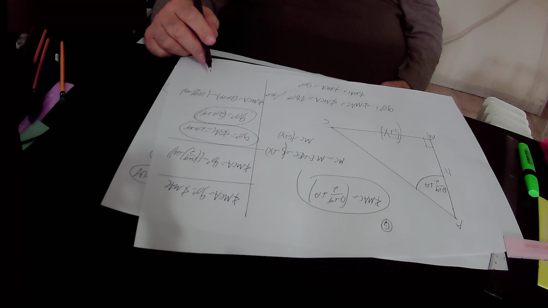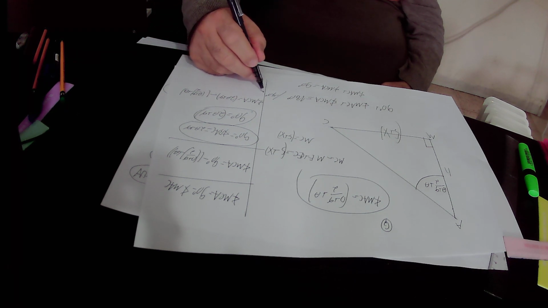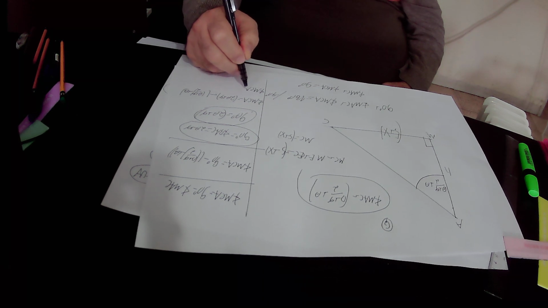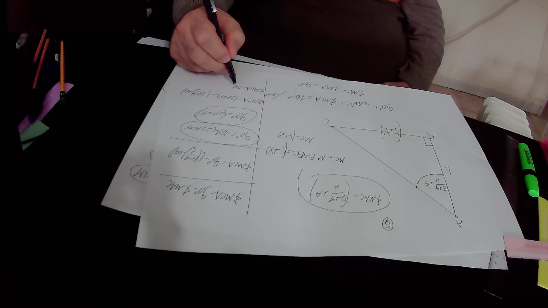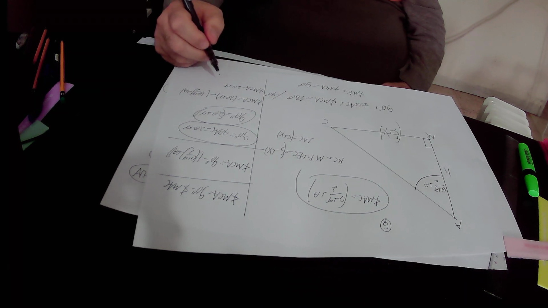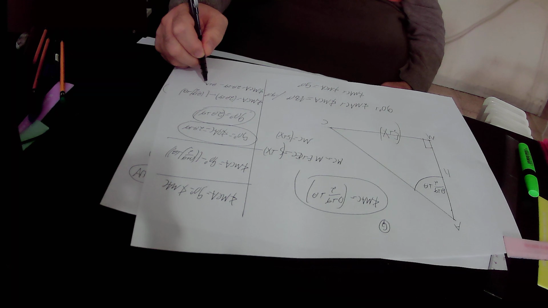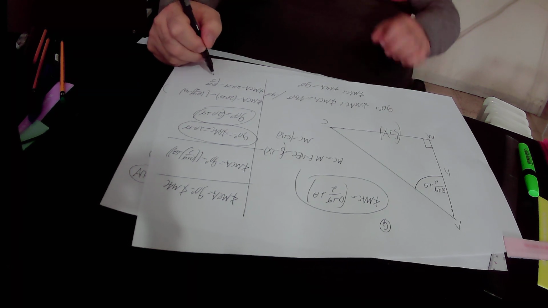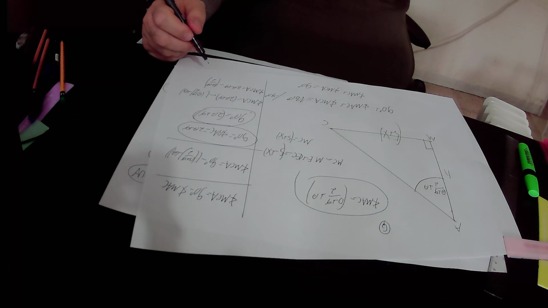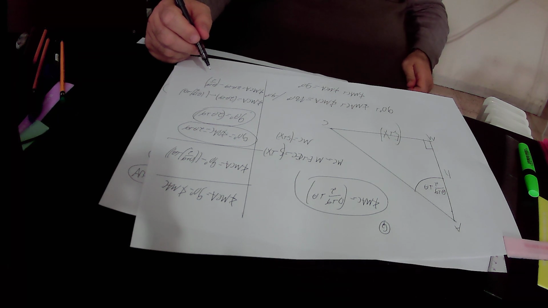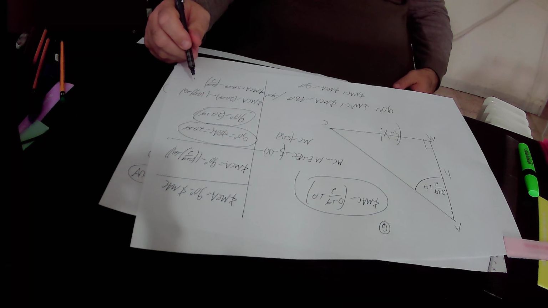Here we will open the brackets, and we get that angle MCA equals 2 theta plus alpha minus theta plus alpha over 2, and when we have minus before the brackets, the plus sign will become minus. So here we'll have minus theta.